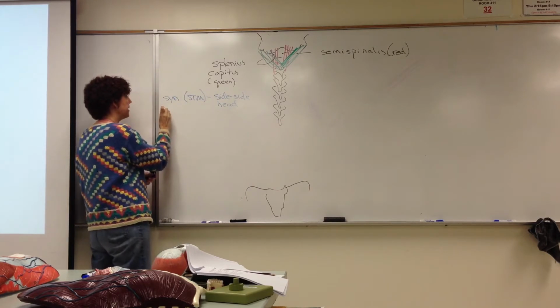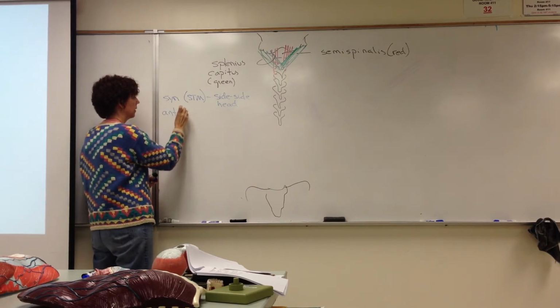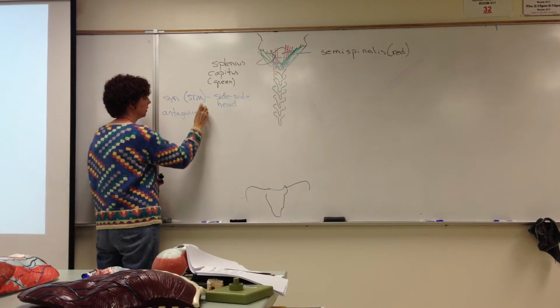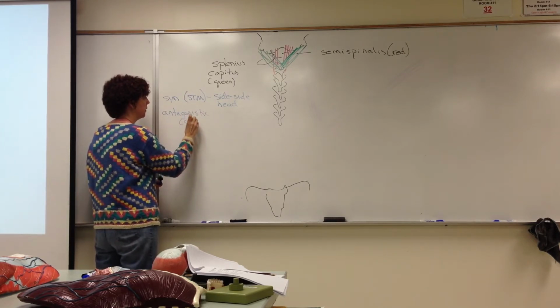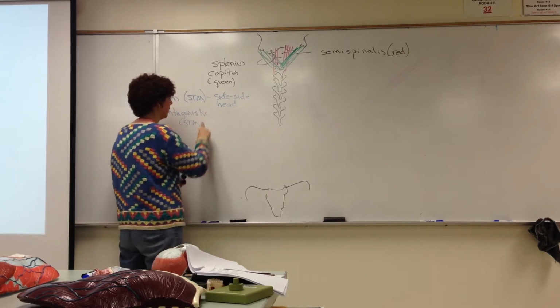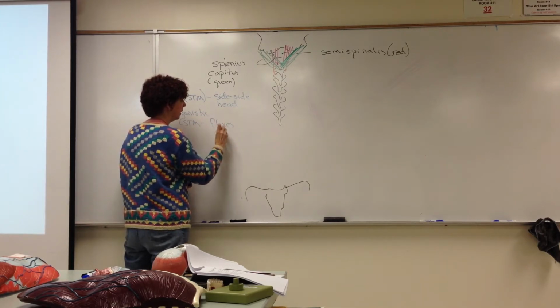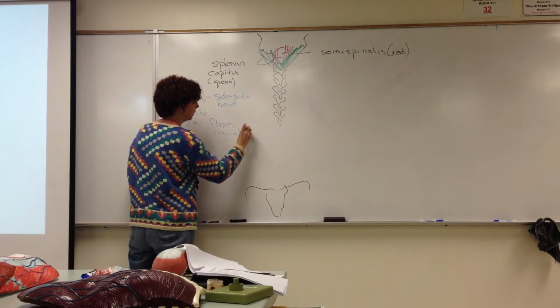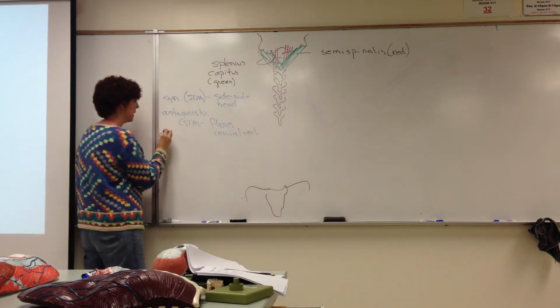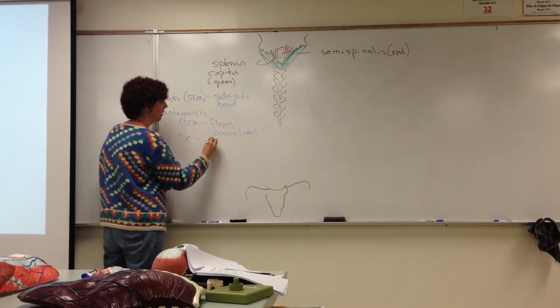Okay, it's going to be antagonistic with the sternocleidomastoid movement, because sternocleidomastoid flexes cervical vertebra. Splenius capitis extends.